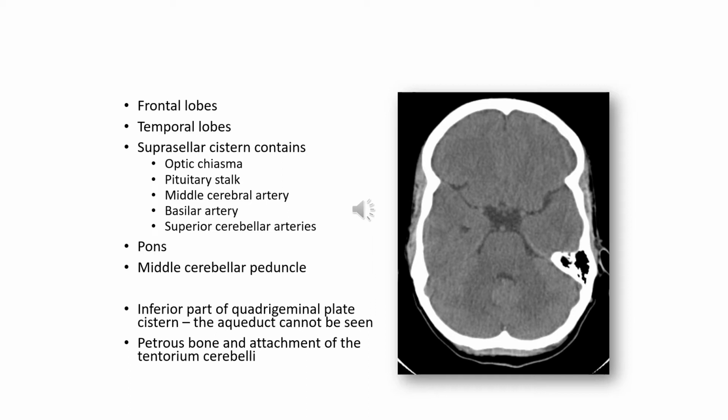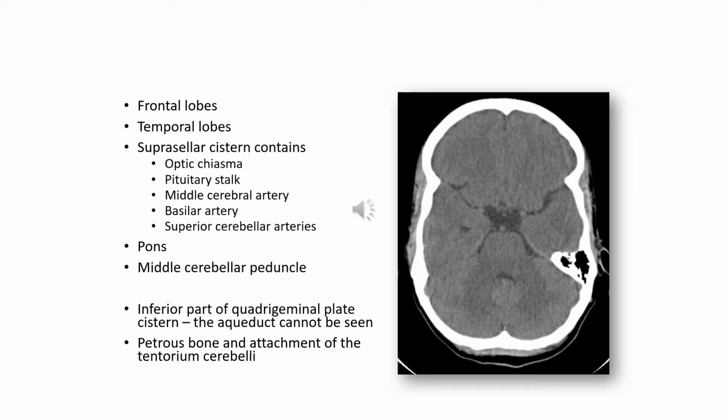This is indicated by the pale yellow arrow. So this is the confluence of the vertebral arteries that we'll see later on. And we see on either side of the basilar artery the superior cerebellar arteries coursing on either side as part of the branches of the basilar artery.